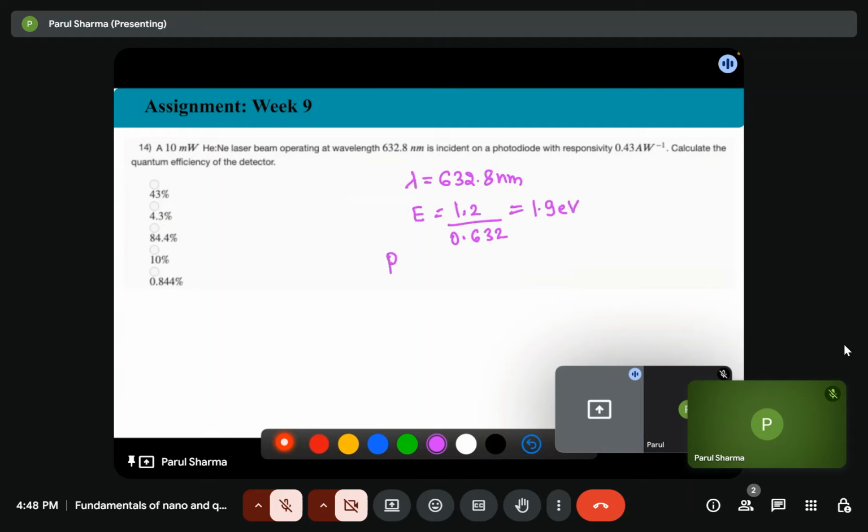Responsivity is given by eta e by h cross omega. So it is 0.43 equals eta into 1.6 into 10 raised to the power minus 19, over h cross omega.